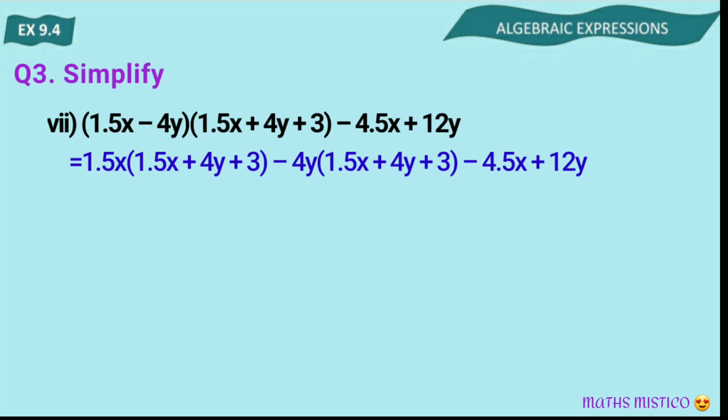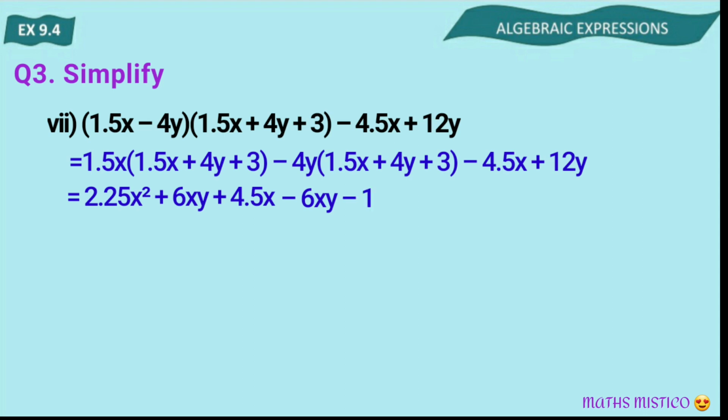So we have 1.5x into 1.5x equal to 2.25x square. 1.5x into 4y gives 6xy. 1.5x into 3 is 4.5x. Then minus into plus minus, 4y into 1.5x is minus 6xy.